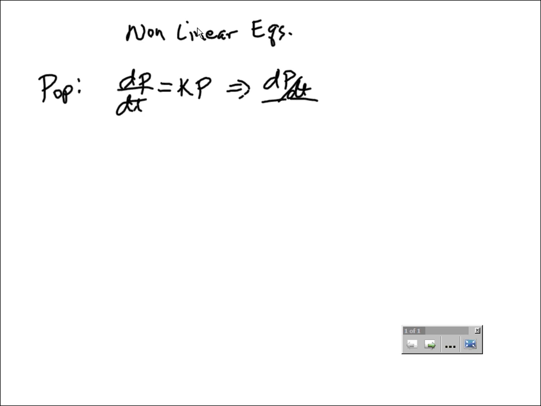dt divided by p is k, a constant. But let us suppose that it's not a constant, which kind of makes sense because when it comes to, say, population of people, for example, there's limited resources.